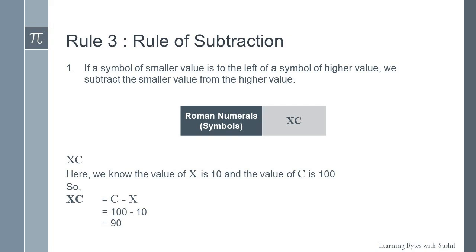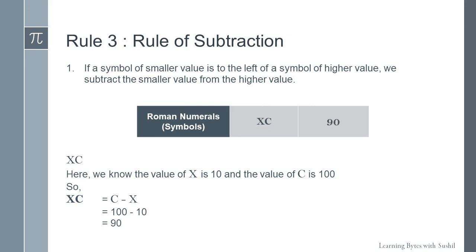Let's pick X and C. X is equal to 10, C is equal to 100. Now 10 is placed before C, so the smaller value is placed to the left of the higher value. XC can be written as 100 minus 10, which is equal to 90. So XC is equal to 90.